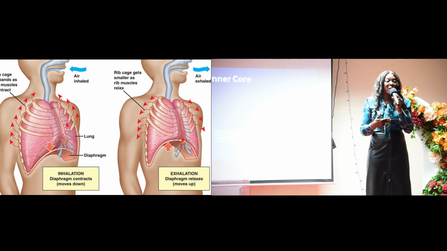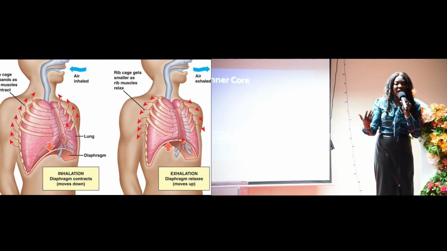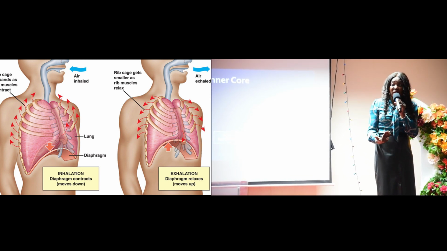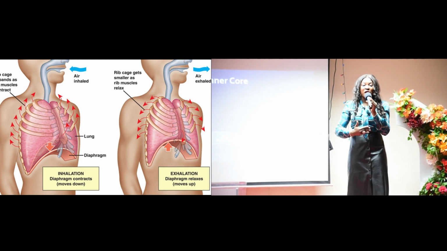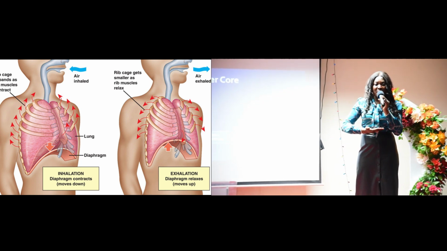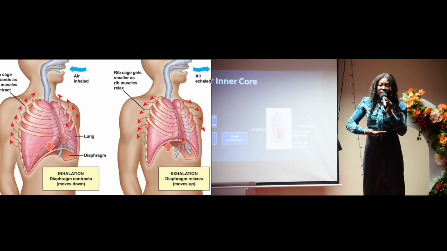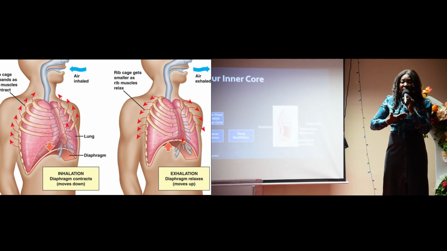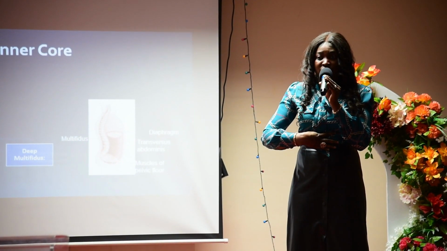Yeah, exactly. So when we're breathing, because we are sitting here now, you're looking at me, I'm looking at you, we are all breathing. Because if we're not breathing, we'll be unconscious right now. And so when you breathe, you see that your diaphragm goes up and down. That muscle that allows that activity to go up and down is the core, right? So it's part of your core muscle that controls that.